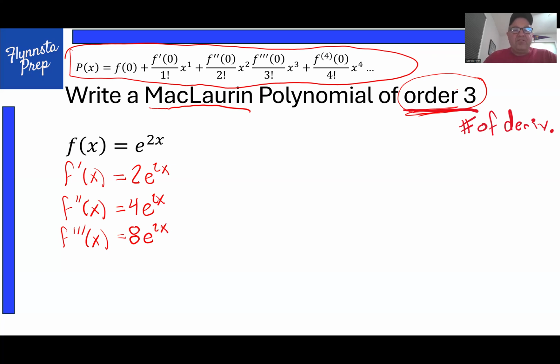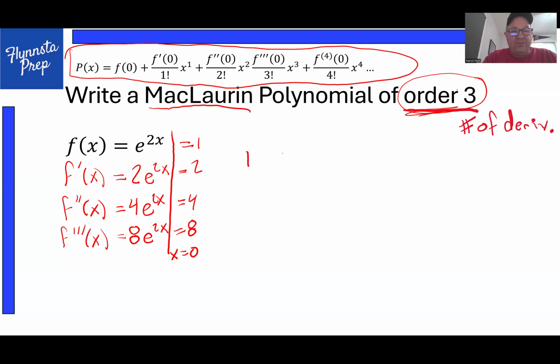Okay, now, since it's Maclaurin, that means all of these derivatives are going to be evaluated when x is equal to 0. So here's our results. And all that's left for us to do is to write these into the Maclaurin polynomial.